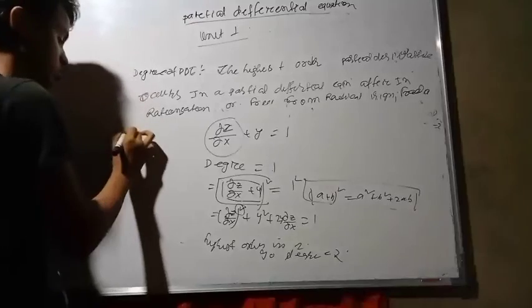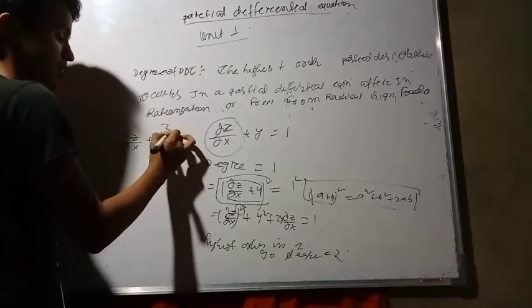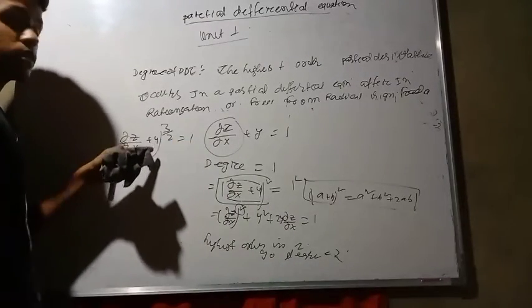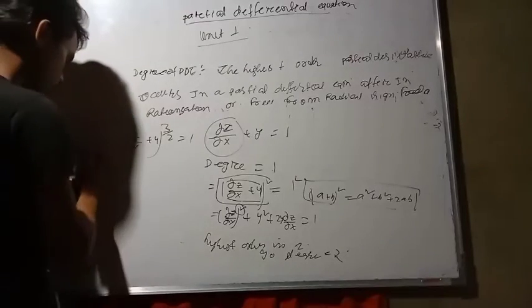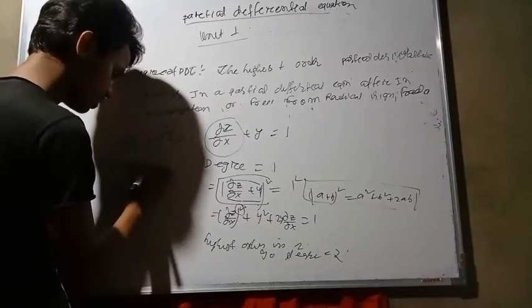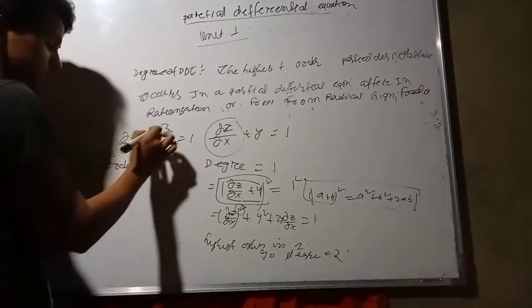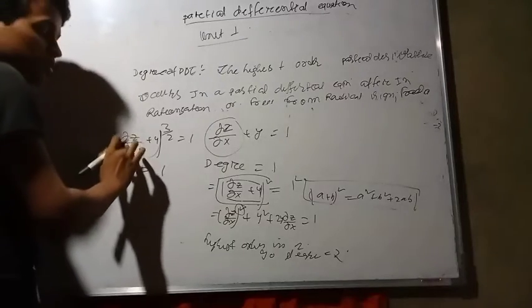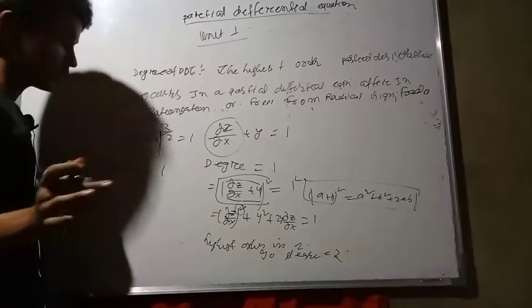Here I am taking a question: (dz/dx + y)^(3/2) = 1. What is the order and what is the degree? The order is 1. There is no confusion because this equation has no more derivatives along with other derivatives.